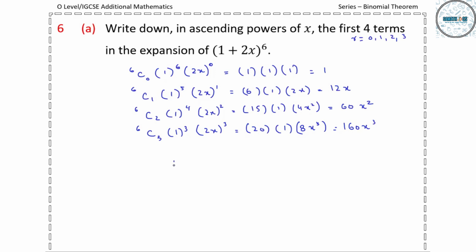So, first four terms in the expansion of 1 plus 2x power 6 are 1 plus 12x plus 60x square plus 160x cube, and so on. We just had to take out the first four terms.